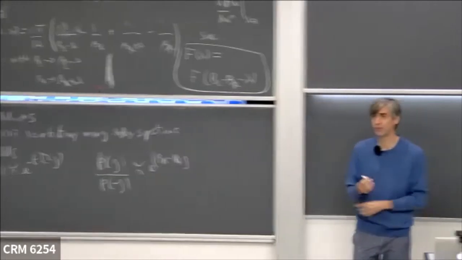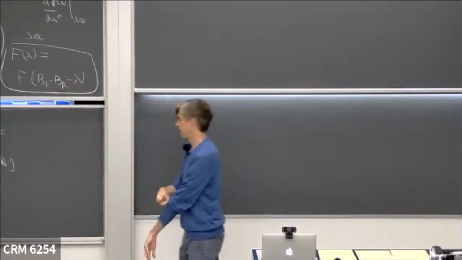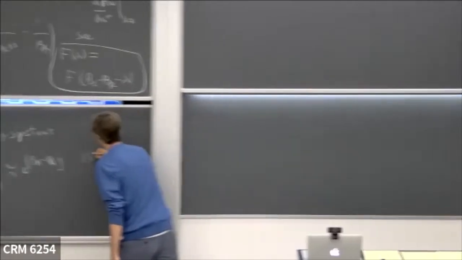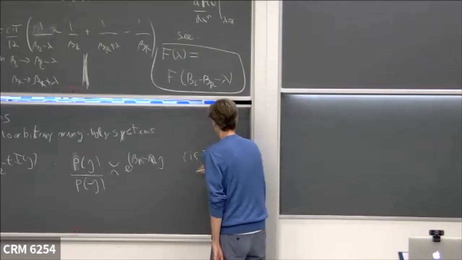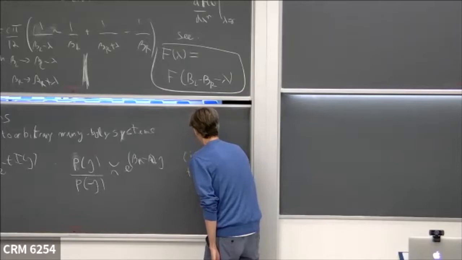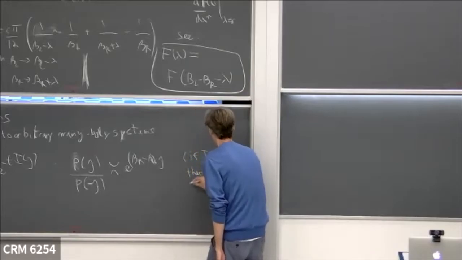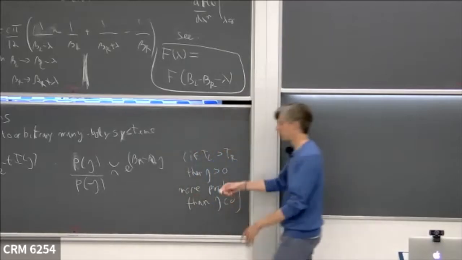The ratio takes a simple form. That's the meaning of that in terms of probabilities. So if T left is greater than T right, and J positive, then J positive has more probability than negative. That's what it means essentially.